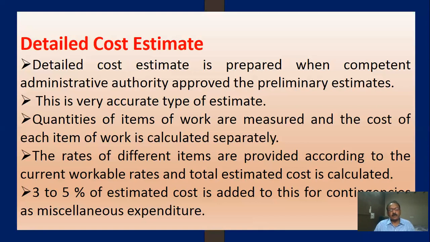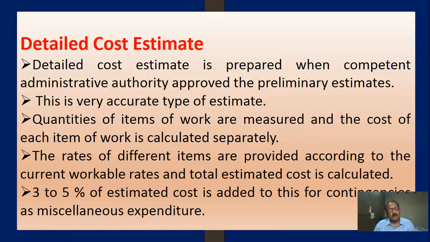The rates of different items are provided according to current workable rates, and the total estimated cost is calculated. 3 to 5% of the estimated cost is added for contingencies or miscellaneous expenditures, such as unforeseen expenditures, office expenditures, different types of inspection, transportation, and small expenditures, and required labor.